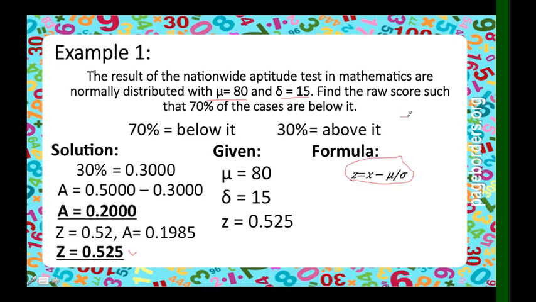It is the mean minus mu all over sigma, the population standard deviation. We will just substitute the given values to the formula. So we have 0.525 equals x minus 80 over 15.